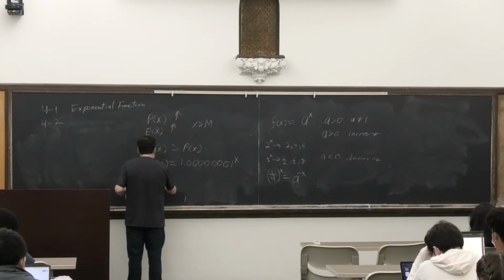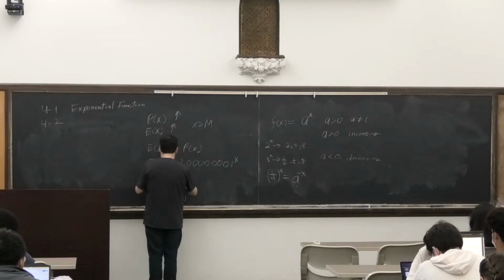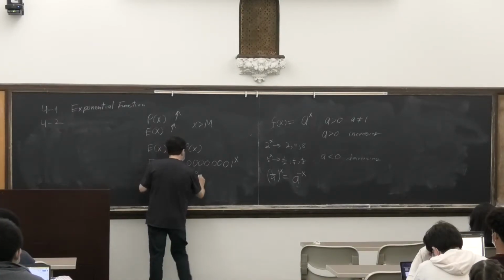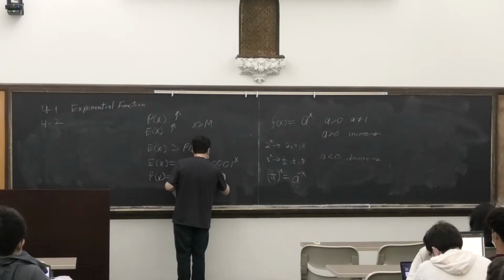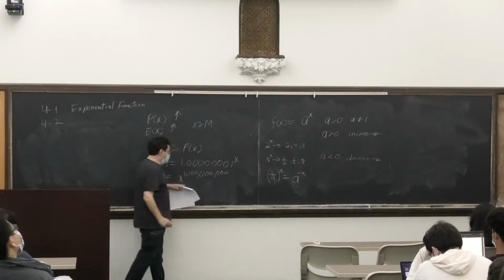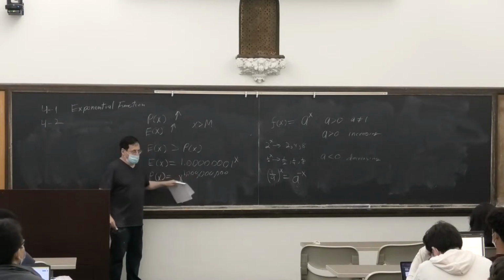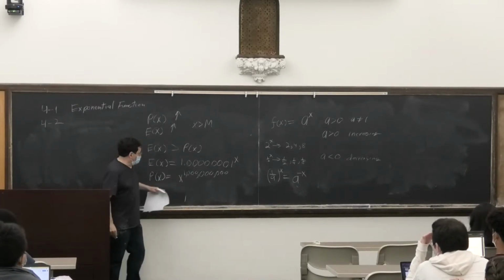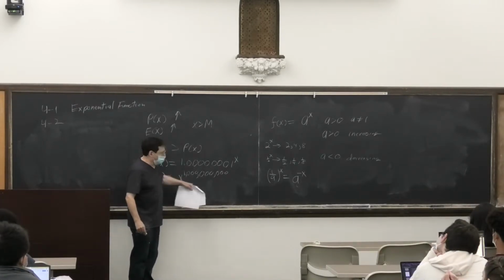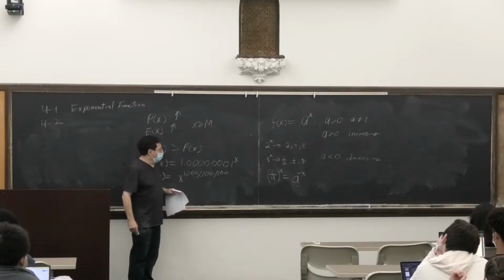Now I'm going to have a polynomial function, x to the, we'll just put in 1 billion. Think about how fast this is going. Put in a 2 here, zoom, I'm off the chart.